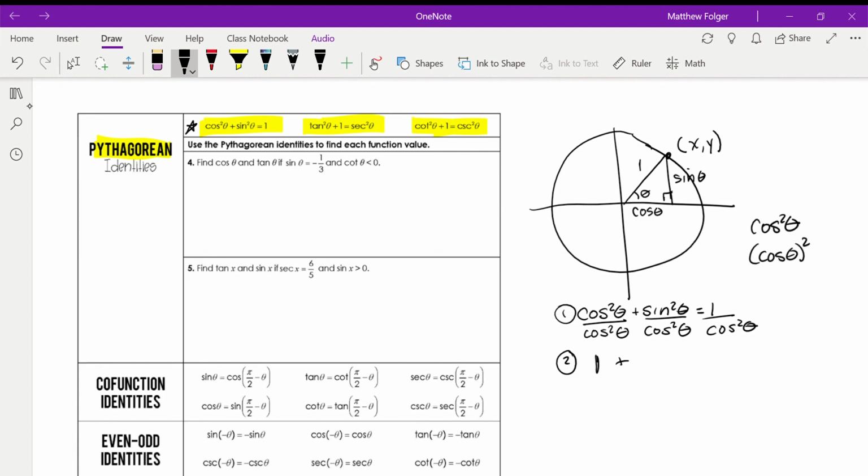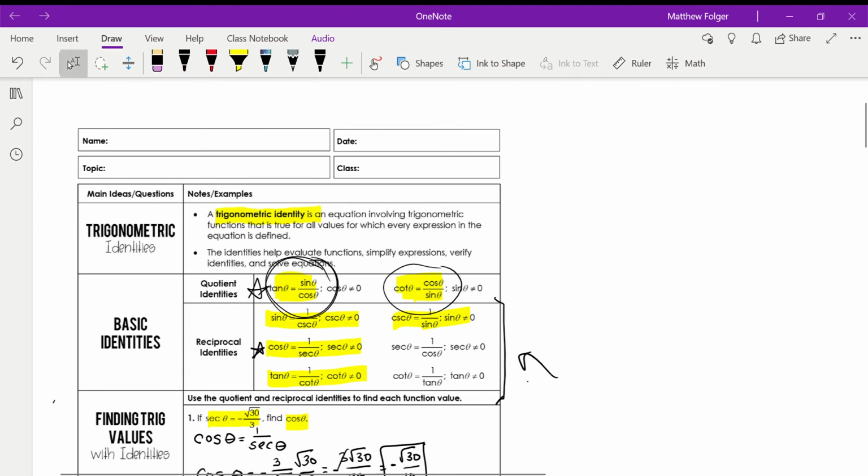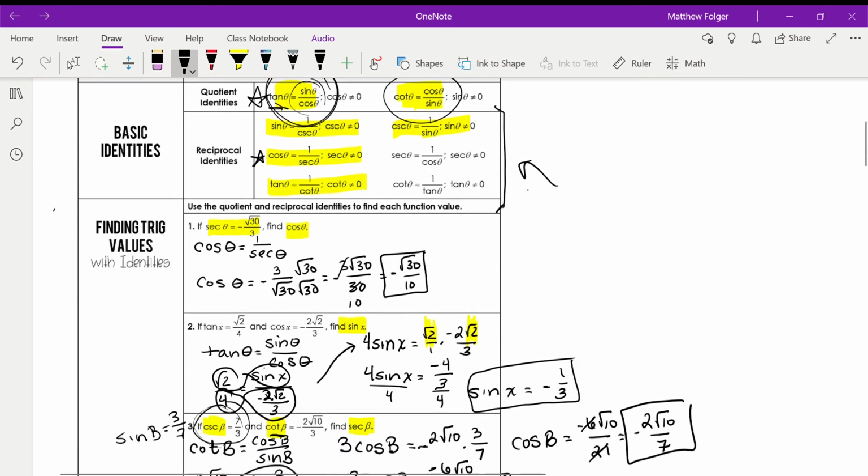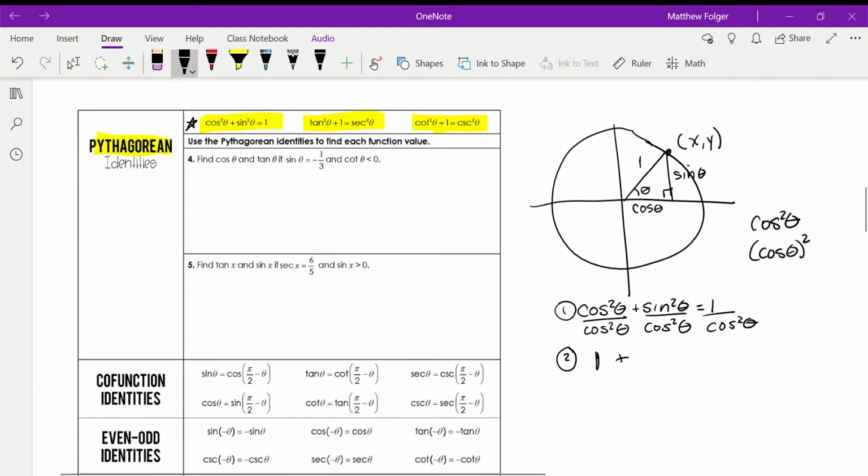If you look at this second one, we have sine squared theta over cos squared theta. Thinking back to our quotient identities, sine theta over cos theta was actually equal to tangent. So sine squared theta over cos squared theta is actually tangent squared theta.